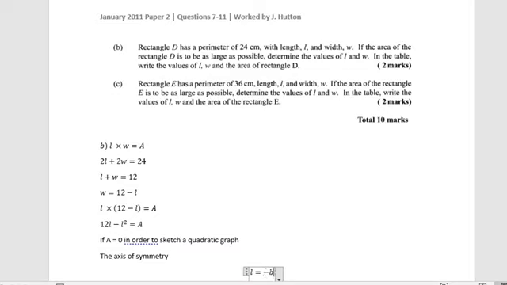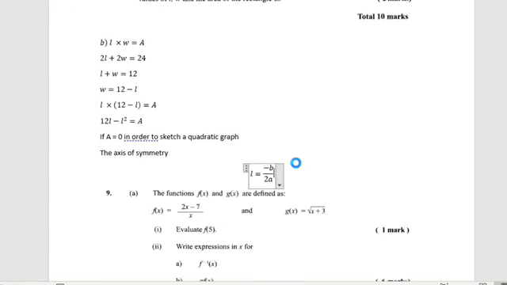It is minus B divided by 2 multiplied by A. So when you do that, you will see minus negative 12 divided by 2 multiplied by A, and from our equation, A is 1.